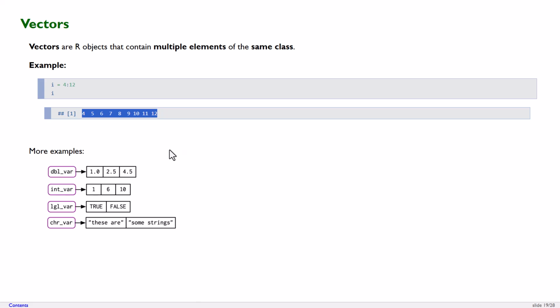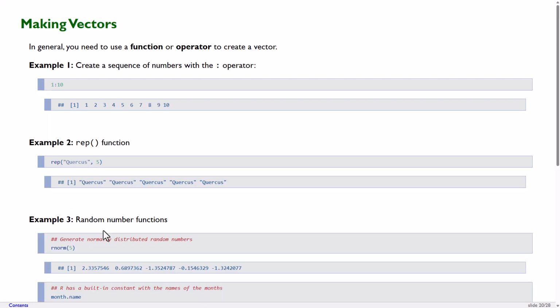Here are some other examples of objects which are vectors, that contain doubles, which are basically numbers that have decimal places, more integers, true-false values or logicals, and then characters. We'll see in a second why this is useful, but to make a vector, you generally have to use a function or an operator, right?